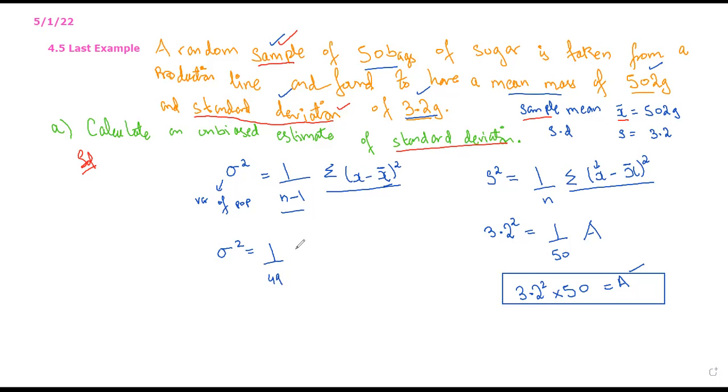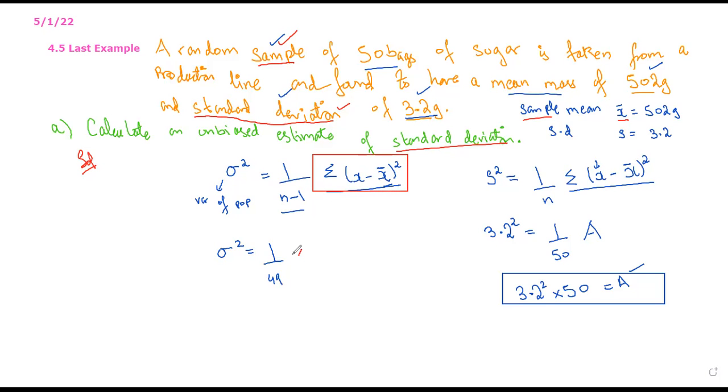X minus x bar. So we have just used another formula for finding the value of this, will it be 512? We have multiplied 3.2 square into 50. Perfect. Excellent. Well done.